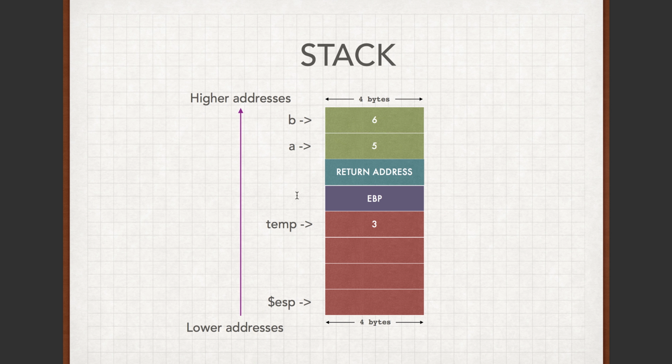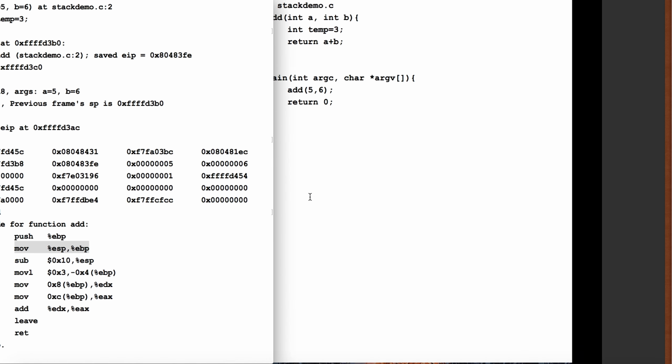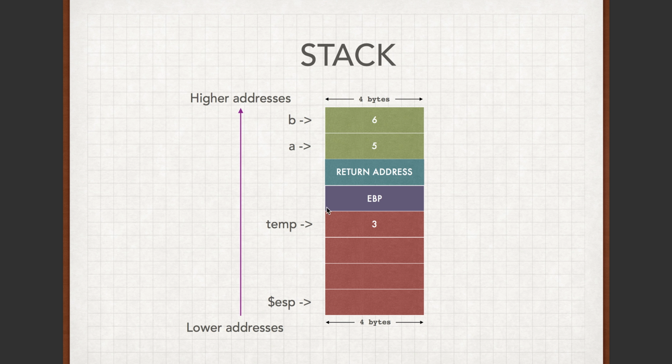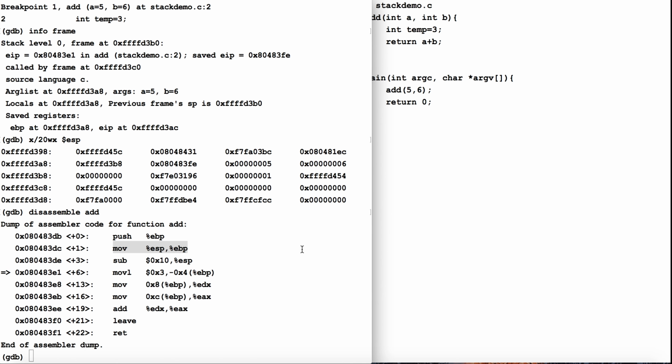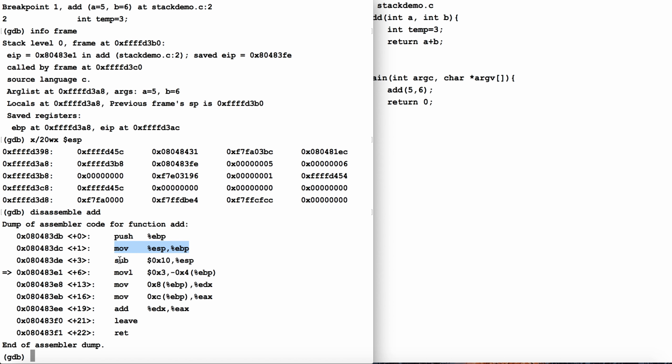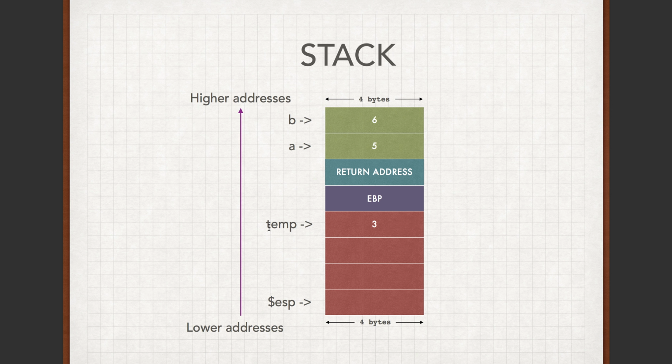So our base pointer will be pointing at this address, and we'll be using this address as a reference to get access to the pushed arguments as well as the local variables that we declare here. And after this, we just move the stack pointer by 16 bytes to allow for any local variables to be pushed on the stack.